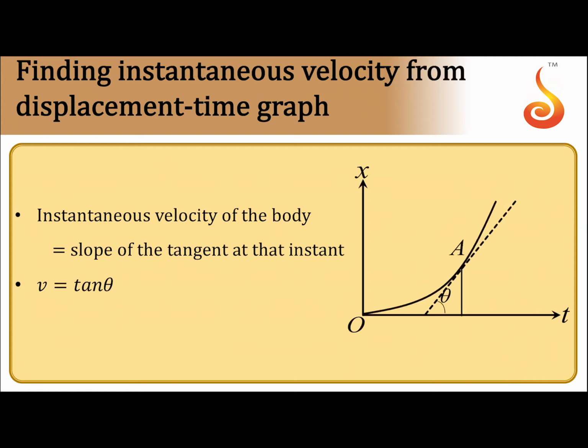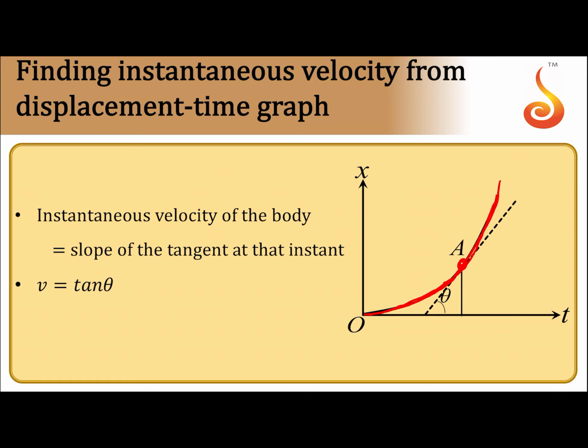How to find the instantaneous velocity from the displacement time graph is our question. Now, this is our graph. As you can notice, the velocity keeps varying. So, this is the position versus time graph. And now, I want the instantaneous velocity at position A. So, now what should I do?